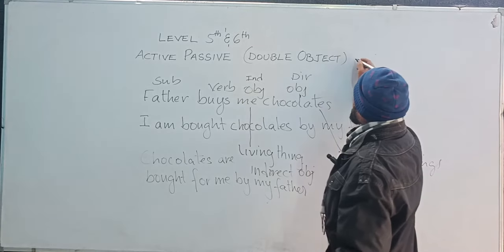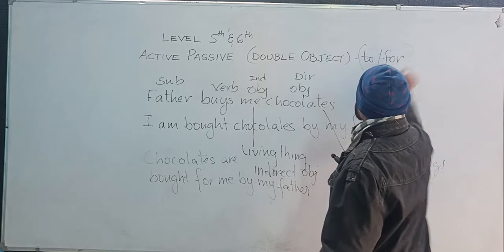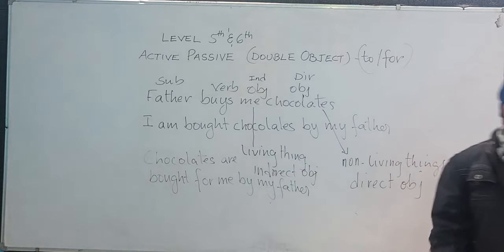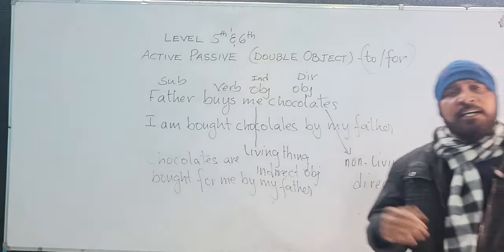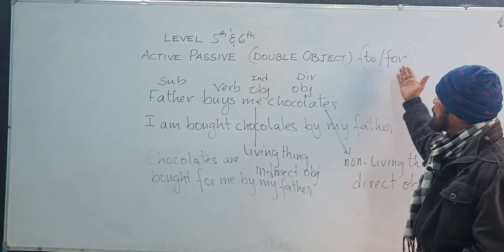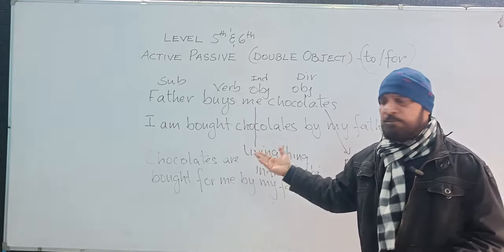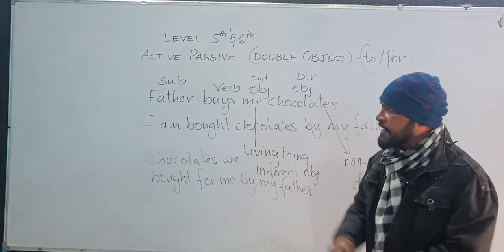So we have to use the prepositions to and for whenever we use the direct or indirect object. We have to use to and for when we change either from the indirect object or the direct object. So I have done both these sentences.